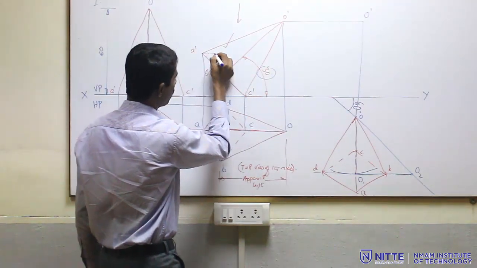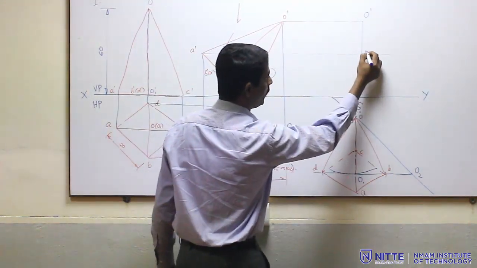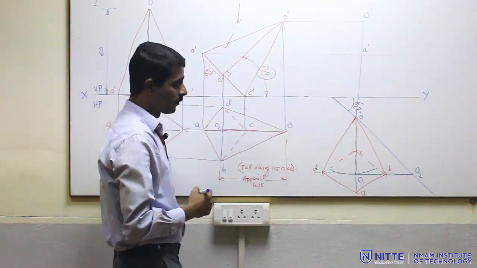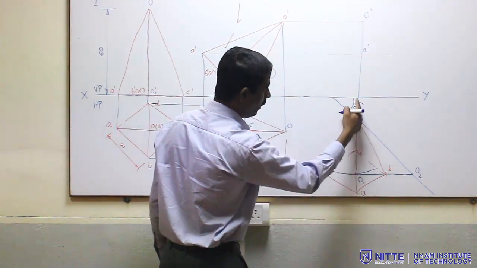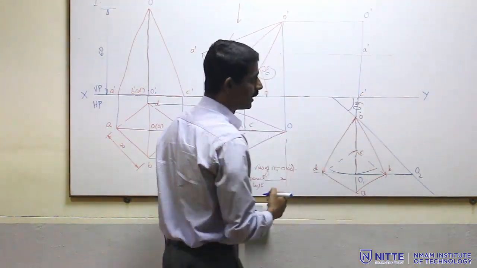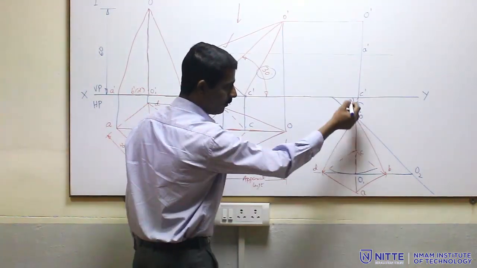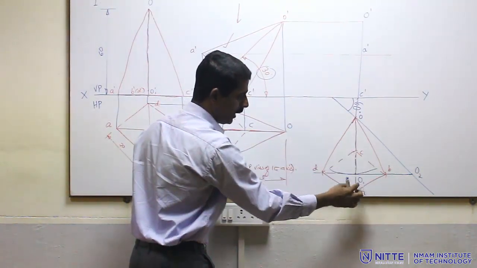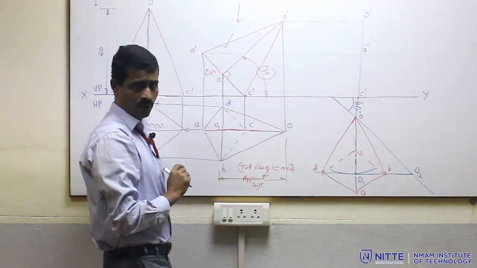Now, A dash, and A is here, so it is already here, it is A dash. C dash is on the xy line and C is here, so this point itself is C dash. So, on this line we have 4 points, O, C, A and O1. So, O dash, A dash and C dash on the respective horizontal line.